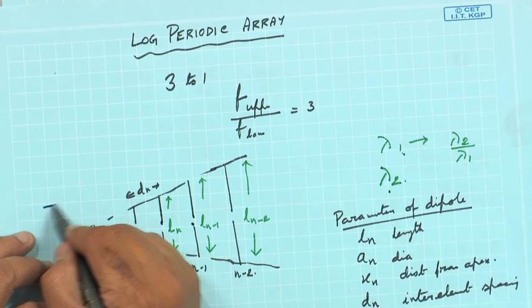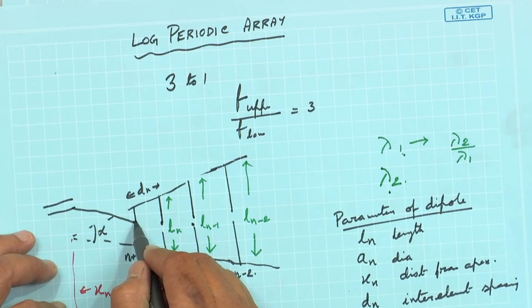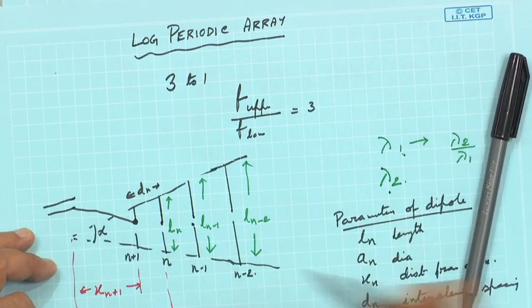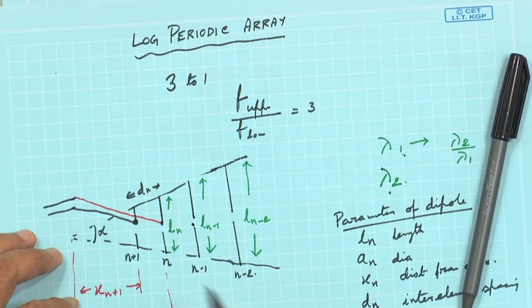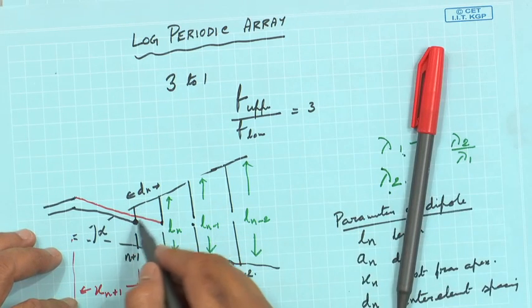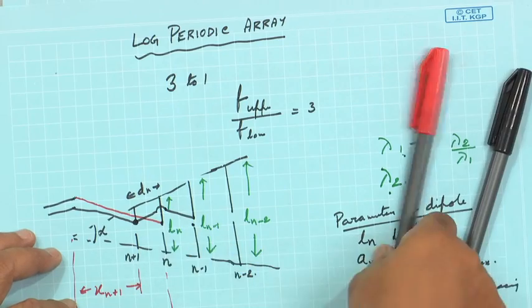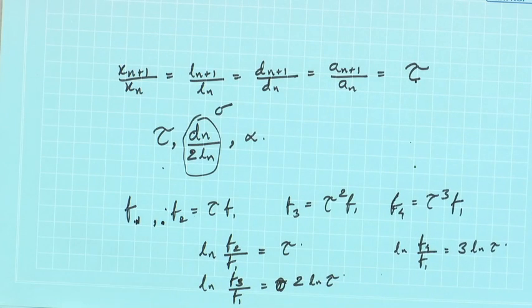That means, if there is a transmission line here, one end is connected here, and the other end of the transmission line connects there. And now this one goes to the next one and this one goes to the next one. By that, each one is having a 180 degree phase shift.